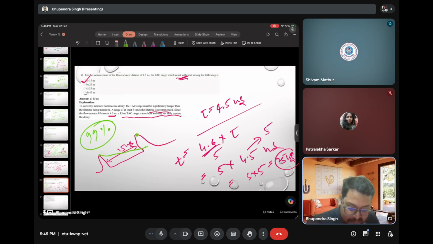So again it is going to decay, and your lifetime data will be distorted. So that is why it has to be more than 25 nanosecond. Fine, both of you, Patlekha and Shivam.